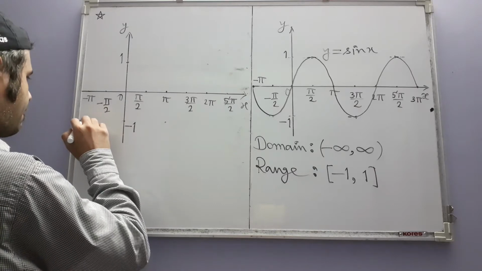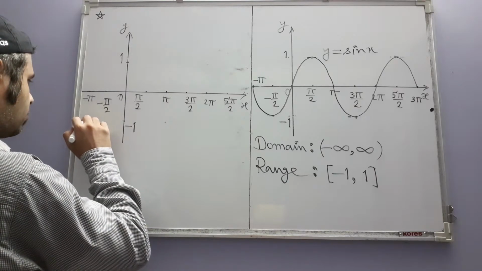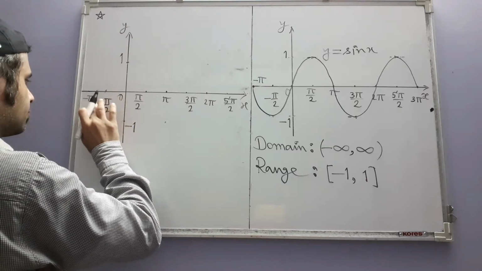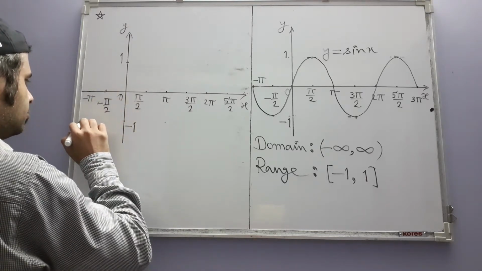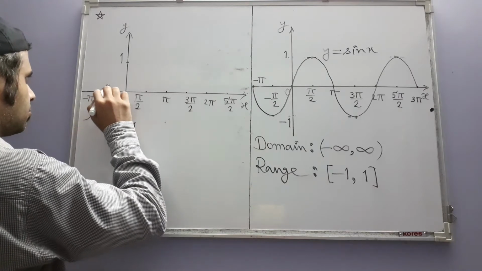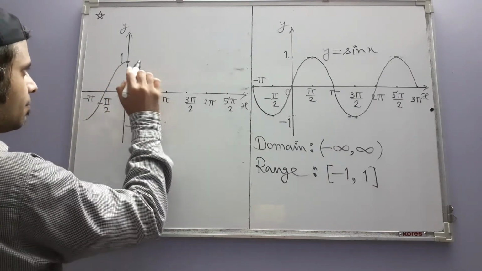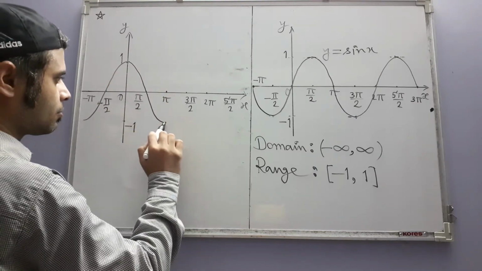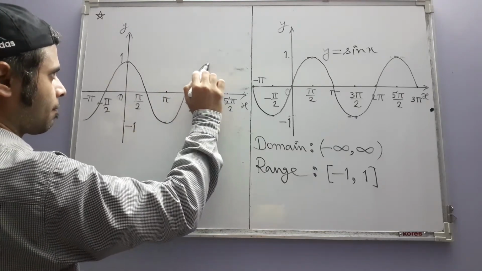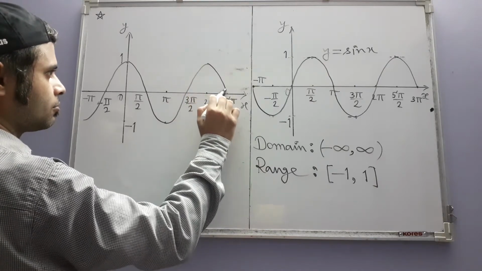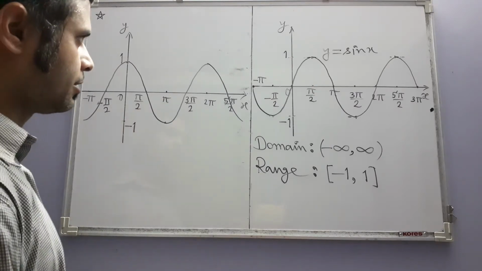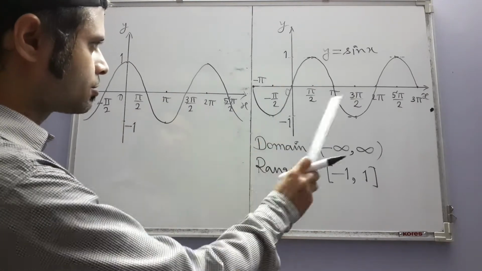Okay. Already this doesn't look good. Then it goes like that. So you can see that this graph looks just like this graph.